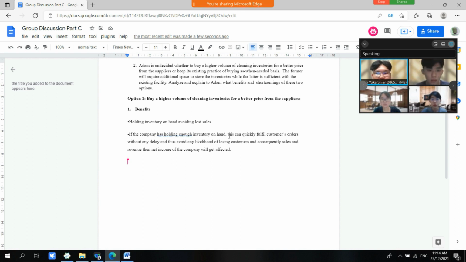Okay, now I will say the second benefit. The second benefit is that holding inventory on hand helps the company gain a quantity discount.